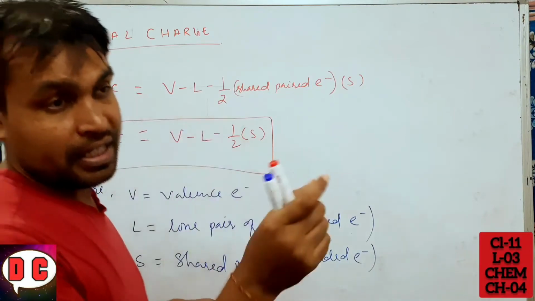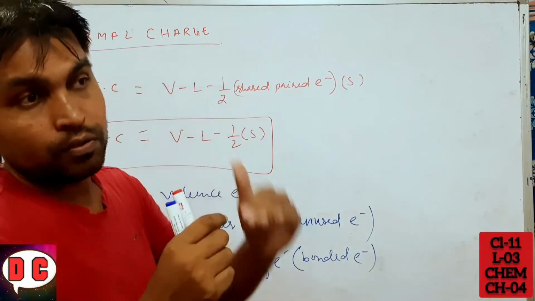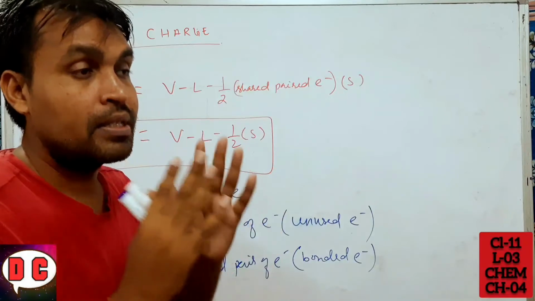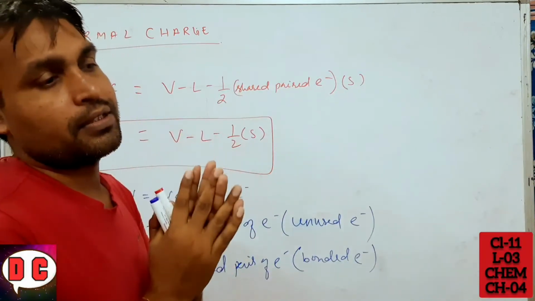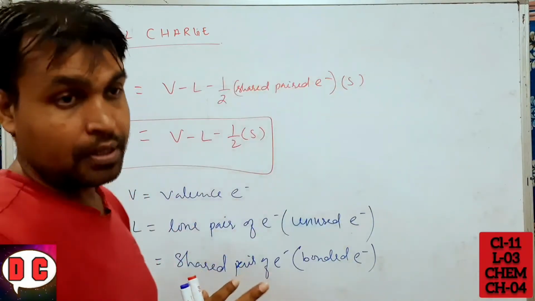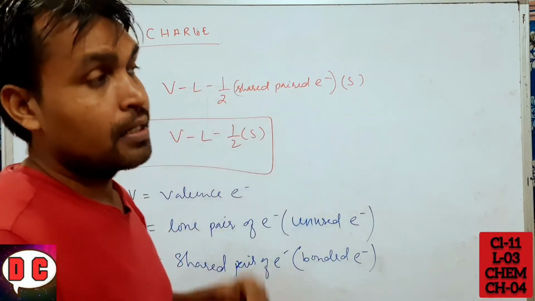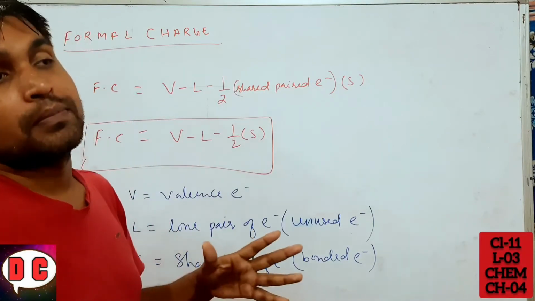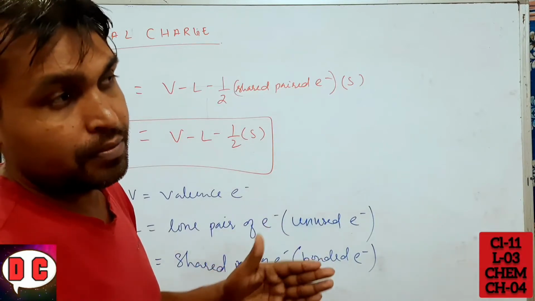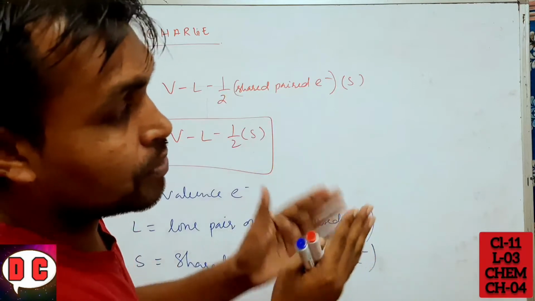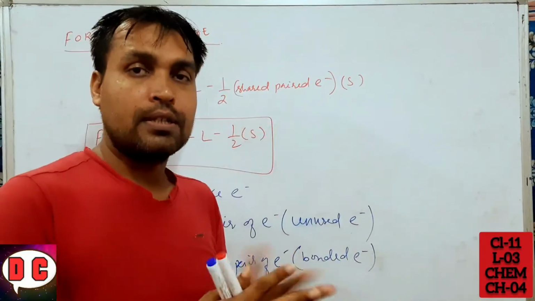If the formal charge is less, then the energy will also be less, and that structure will be the correct or perfect structure for that particular compound. If the formal charge is high, that particular structure may not be the perfect one. It may change because of higher energy. They may start repelling or attracting someone else, which may lead to a change in structure.